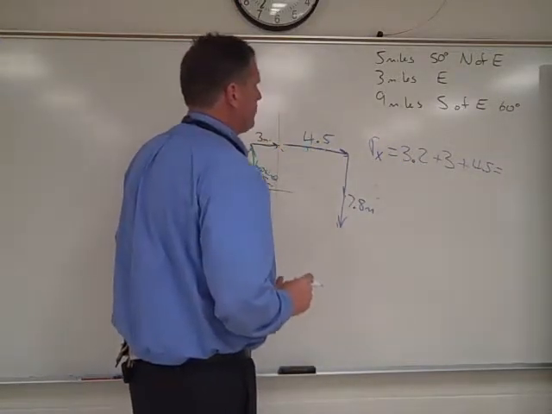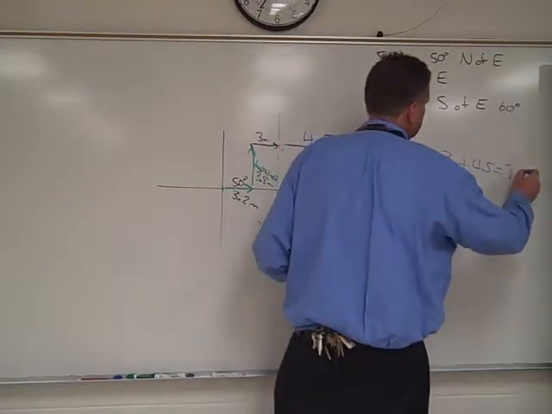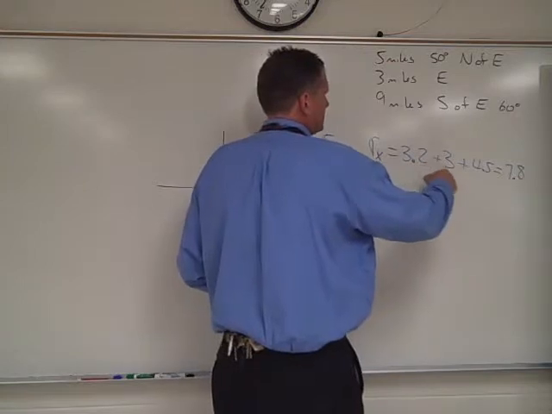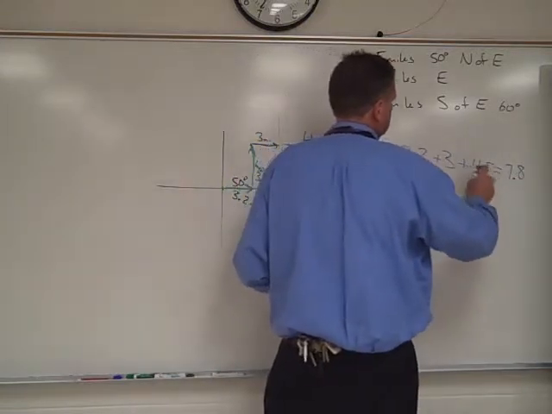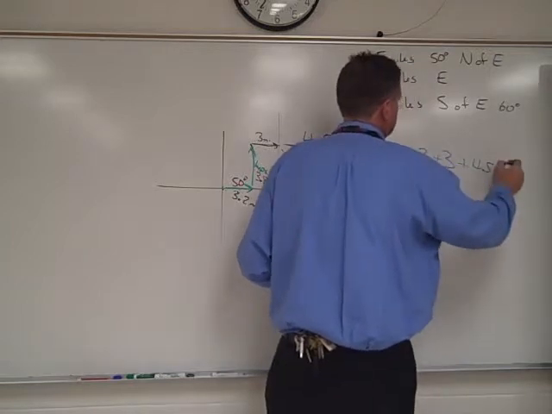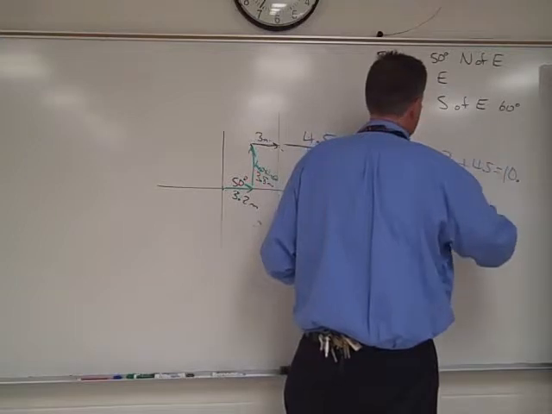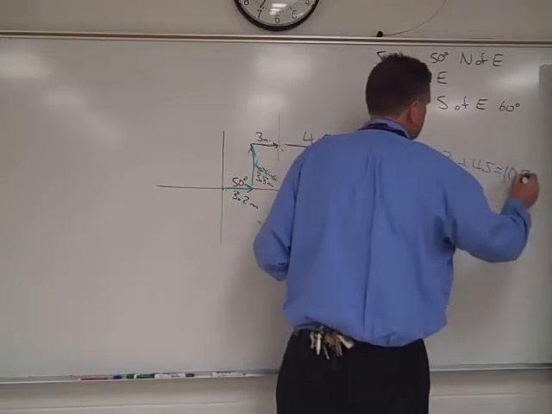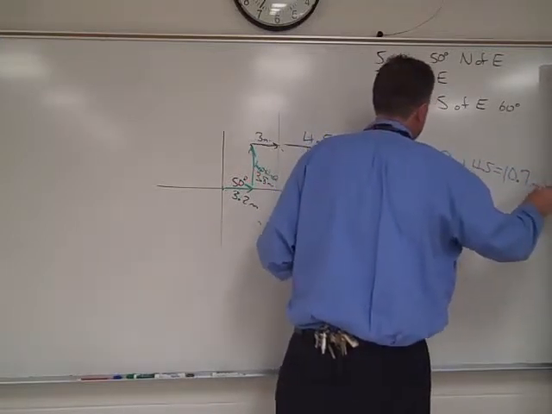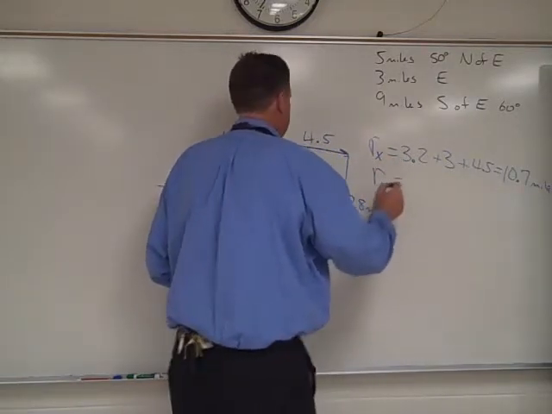That's 6.2, that'd be 7.7, right? 3 and 3 is 6, plus 4 is 10. 10.7 miles. That's in the x direction. How about the resultant in the y direction?